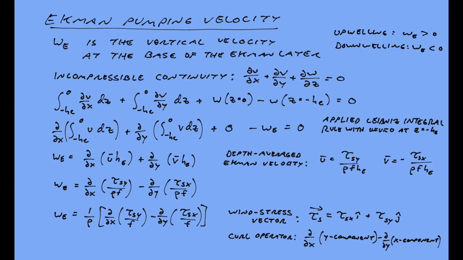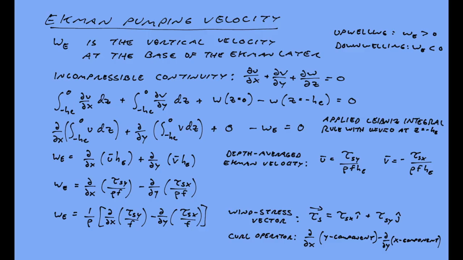This could be our stopping point, an equation that we work with, but let's introduce some more notation. The wind stress vector can be written as tau_s with that arrow over it equals tau_sx i hat plus tau_sy j hat, where i and j are unit vectors in the x and y directions. The other notation is the curl operator.